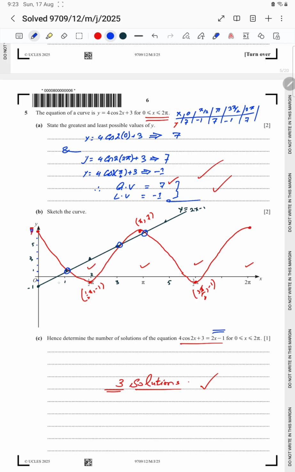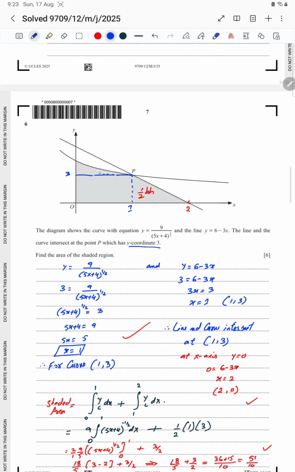That is drawn by this black portion here, and you can see that it crosses the curve at 3 points. So you have 3 solutions while solving this curve and the line. I hope it's clear.